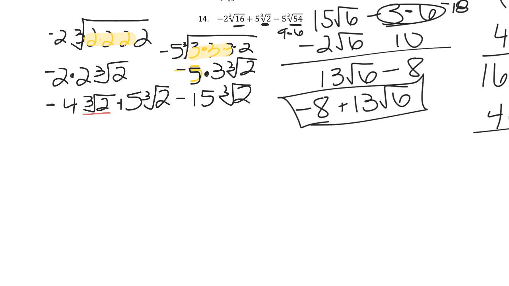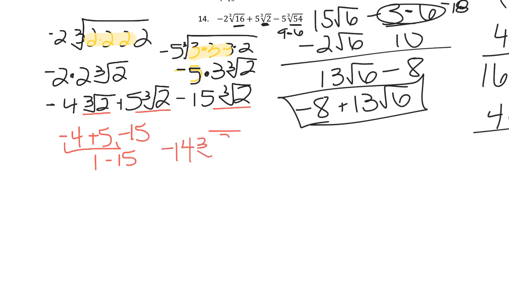Now we're just adding up how many cube root 2's we have: negative 4 plus 5 minus 15. Negative 4 plus 5 is 1. 1 minus 15 is negative 14. And I have cube root 2's, that's what I'm adding up, and that's my final answer.